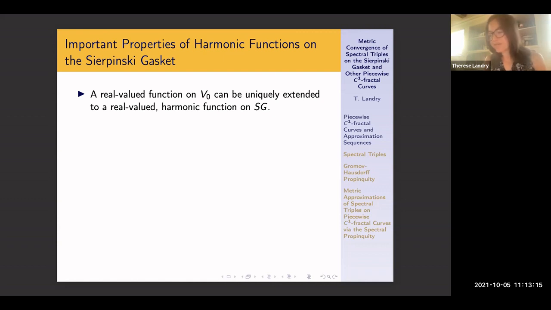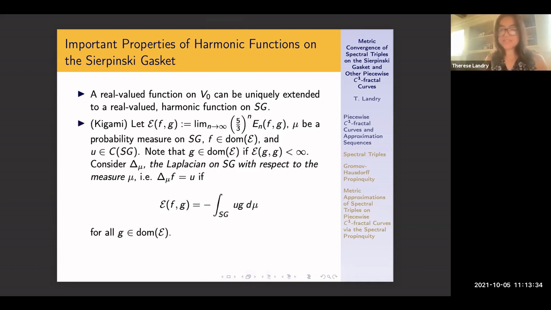So a real valued harmonic function on the boundary of the Sierpinski gasket can always be uniquely extended. If we define it on those 3 boundary point values, then the harmonic extension to the entire gasket is always unique. And due to Kigami, there's also a Laplacian, which is of interest to us because we're interested in operators on manifolds. So in this particular setting, we have a Laplacian type condition.